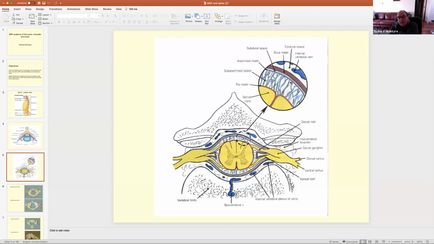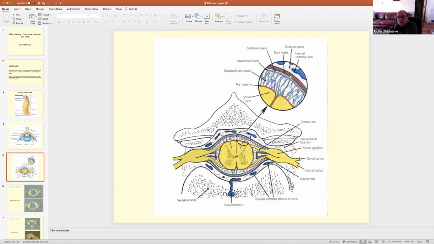By that I mean subdural, intradural, extradural bleeding and things like that. You have different presentations on the images. So you have epidural space, the dura mater, and subdural space.